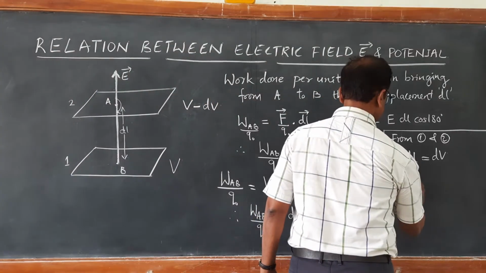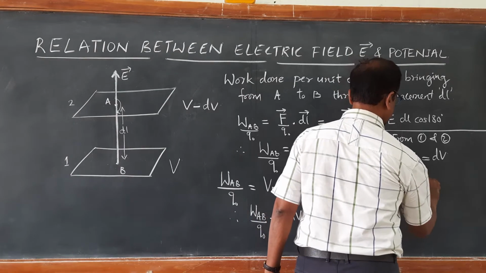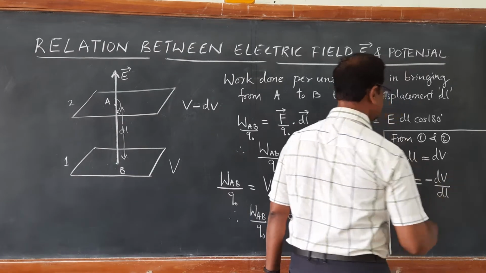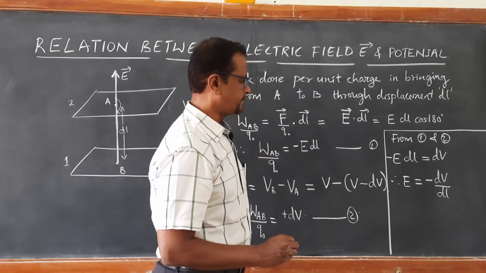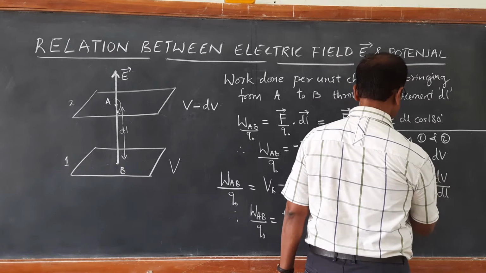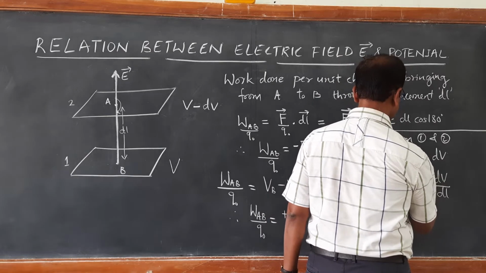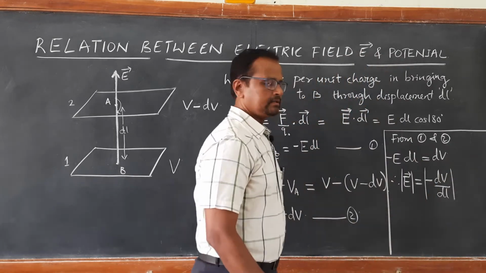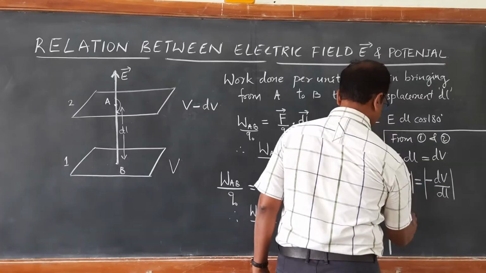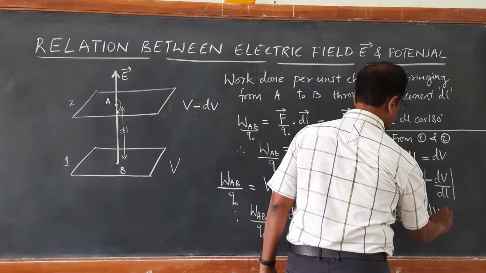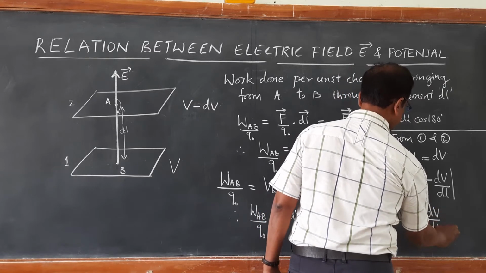Therefore, E is equal to minus dV by dl. The magnitude of electric field is equal to the magnitude of this. So, the electric field is equal to minus dV by dl.